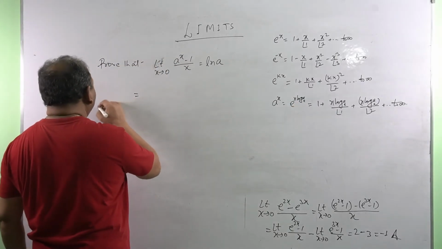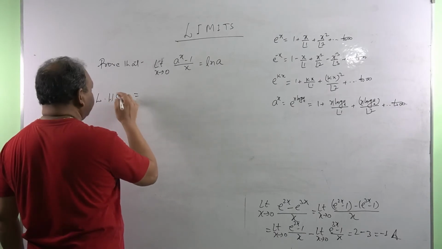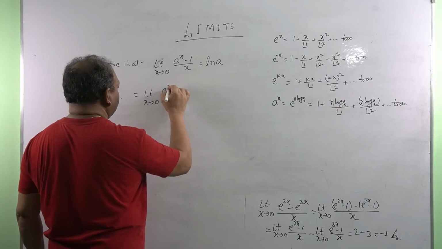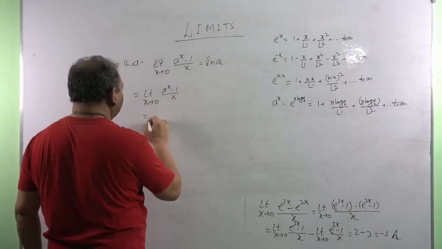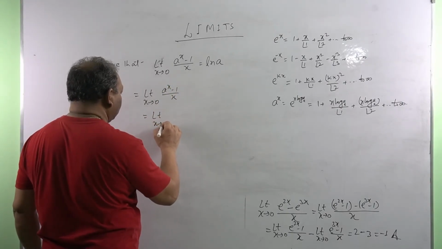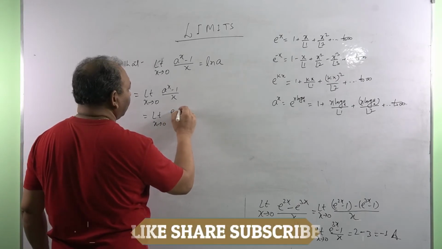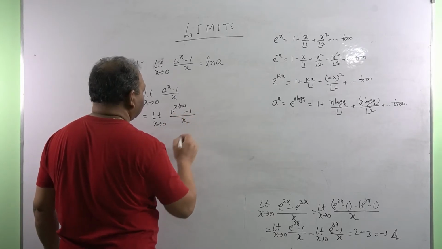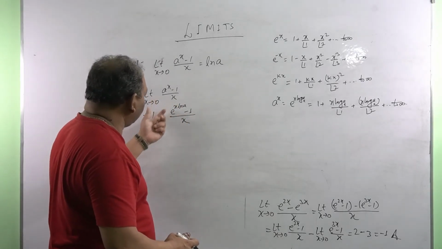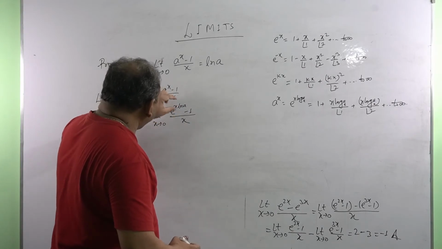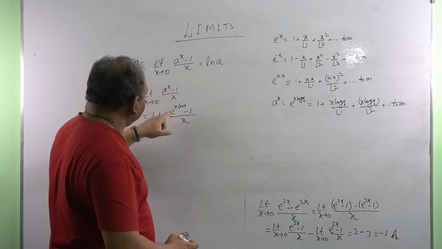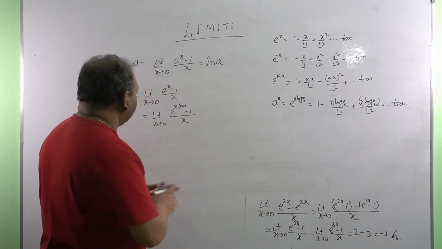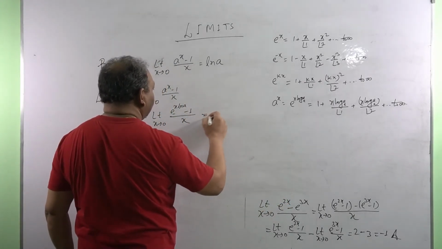So we can write here, first of all, LHS: limit x tends to 0 of (a raised x minus 1) by x is limit x tends to 0 of (e raised x ln a minus 1) by x. Directly we can write the value of this limit, because if we treat ln a as k, then this will be of the form (e raised kx minus 1) by x. So this will be ln a.